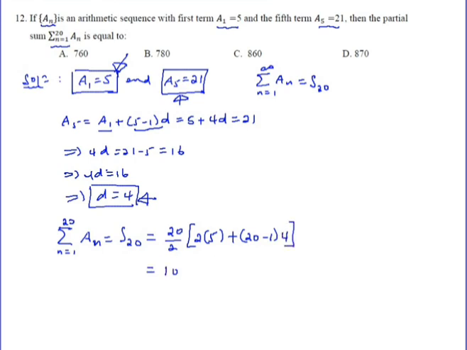So this becomes 10 into 10 plus 19 times 4, which is 76. So this becomes 10 times 86. The result is 860. So the sum of the first 20 terms is 860. Therefore, our answer is C.